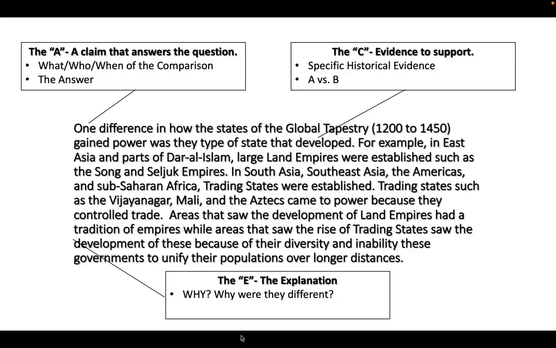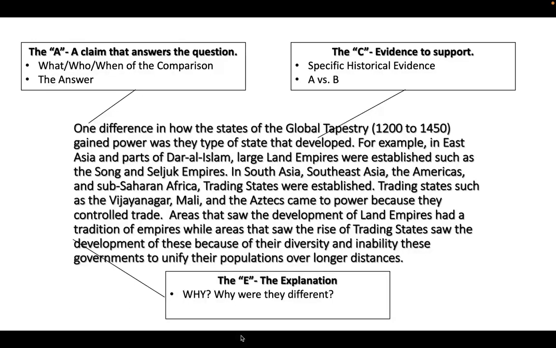Now, the E is also different. Again, we're explaining, but what we're explaining here is why they were different. Now, this is difficult because this requires some thinking. So why did some areas see land empires where others saw the rise of trading states?